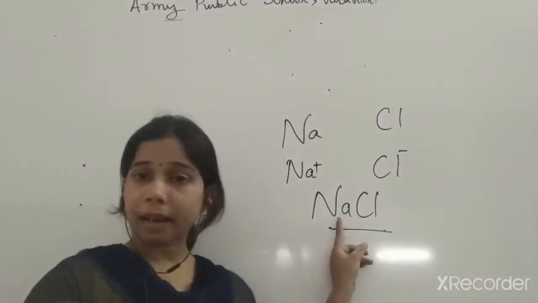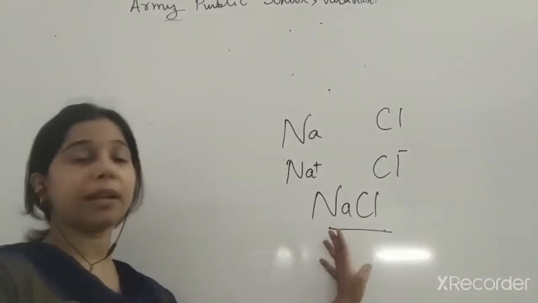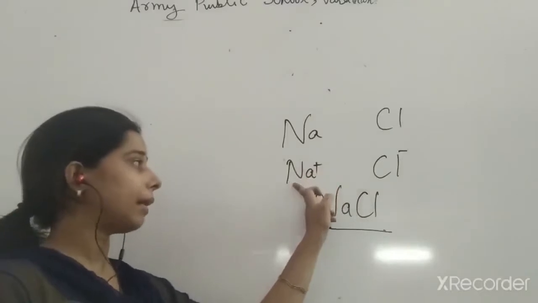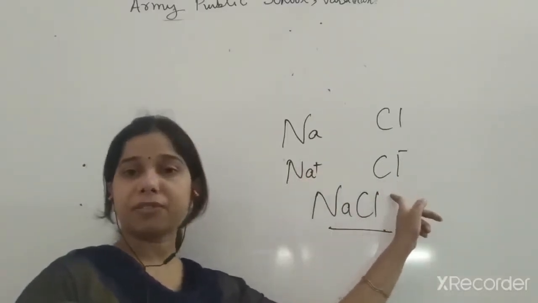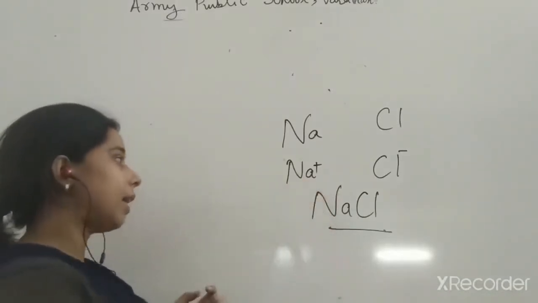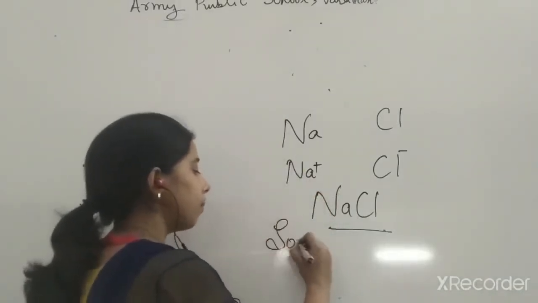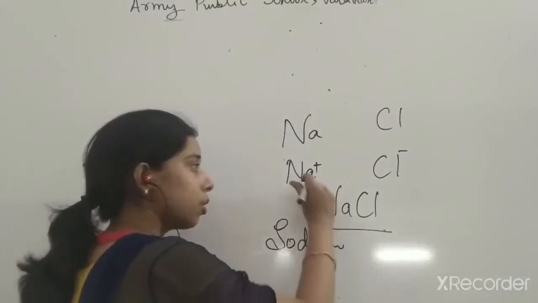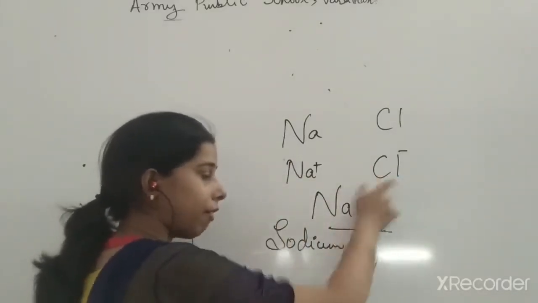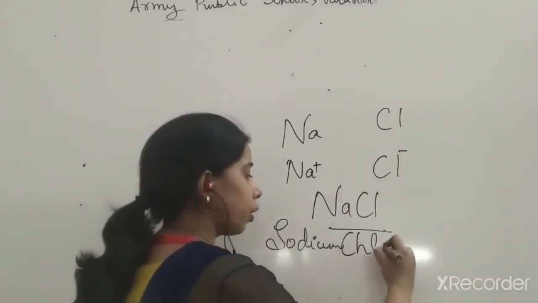What is the cation here in case of sodium chloride? You have seen this consisting of the positive charge, so it will be the cation. This consisting of the negative charge, so it will be the anion. So we will write here the name of this, that is sodium. And then this one is the negative ion, so we will write here chlorine.